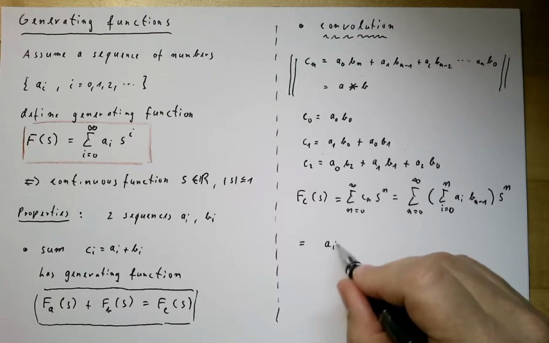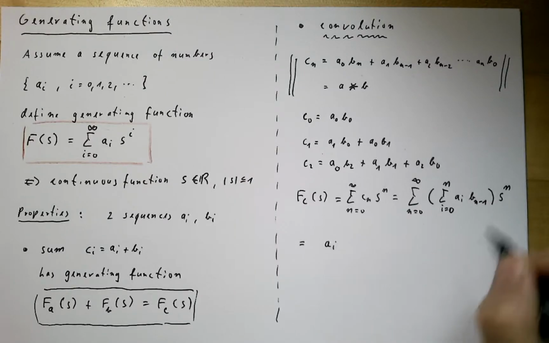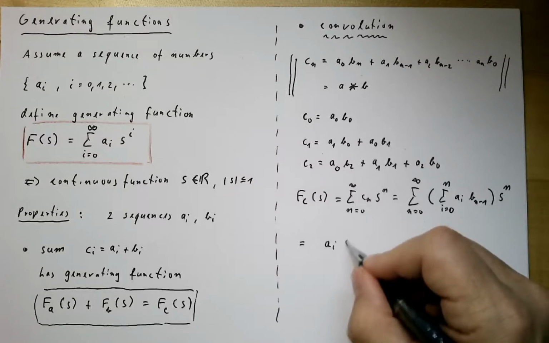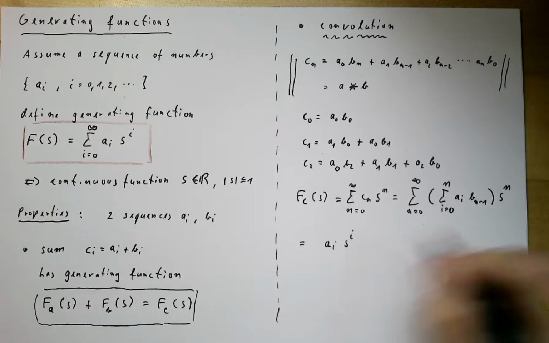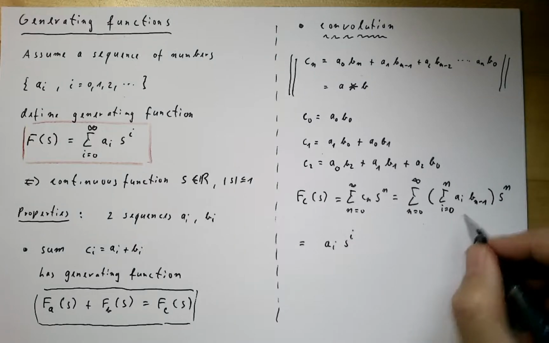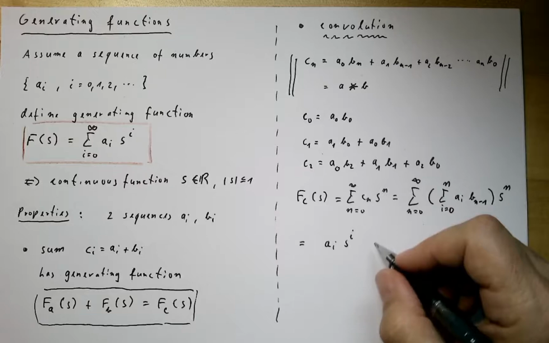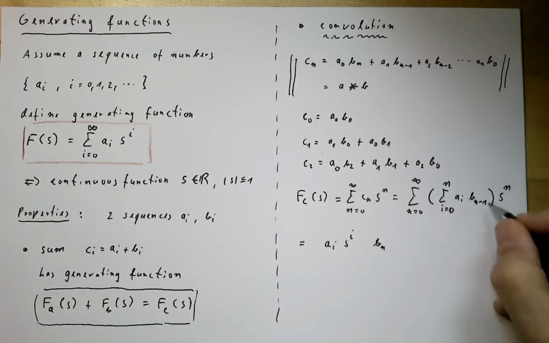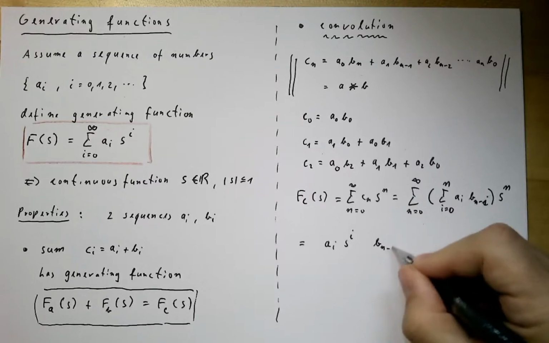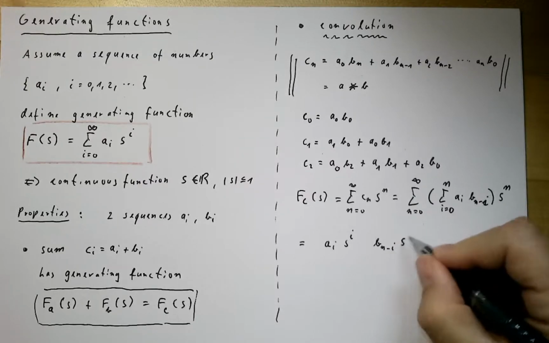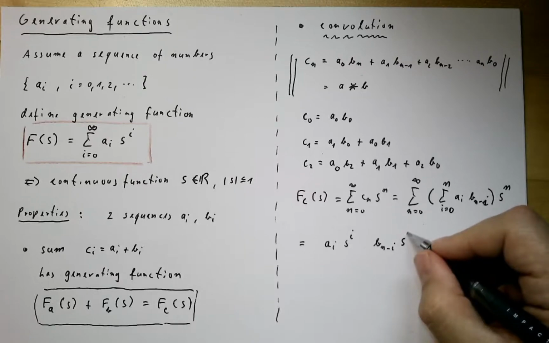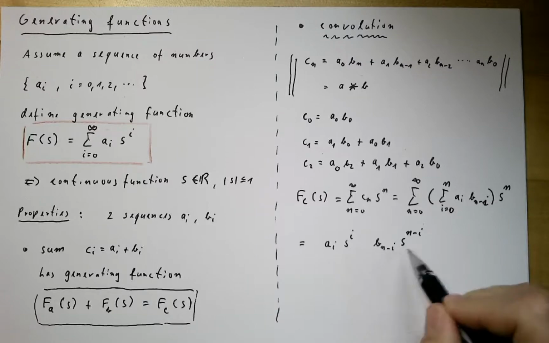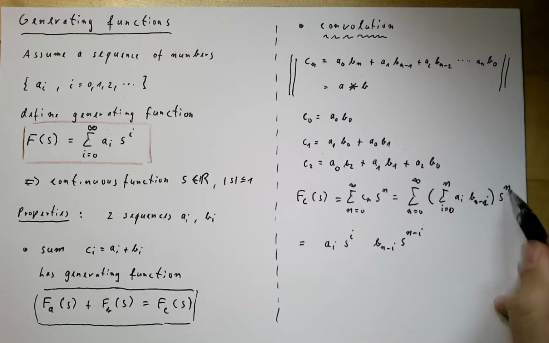Now I take some part of the s's here, the first I powers of this, then here I take the B_(n minus I), and then I take the remainder of the powers, n minus I. So you see, if you multiply these two s functions, we have again this here.